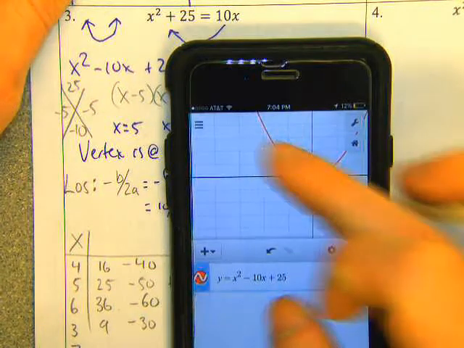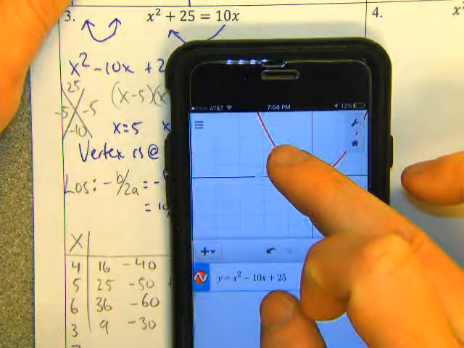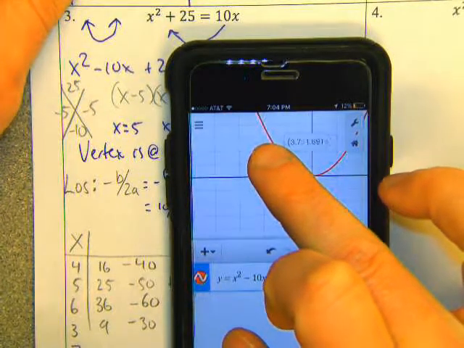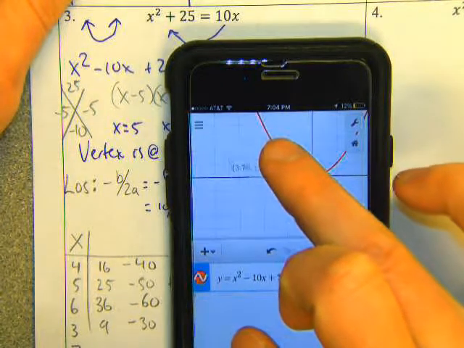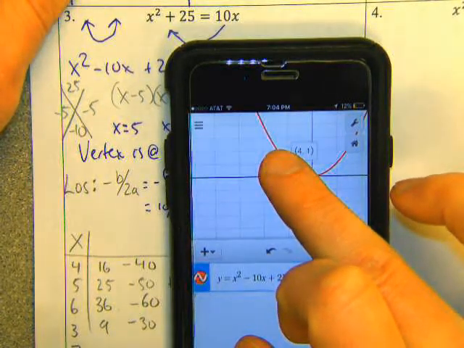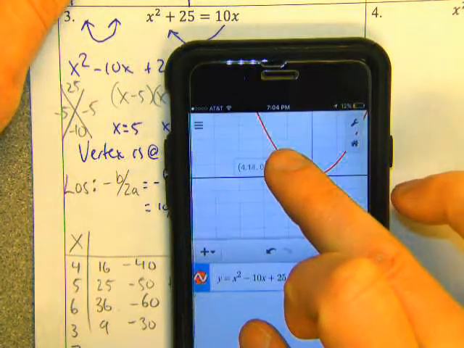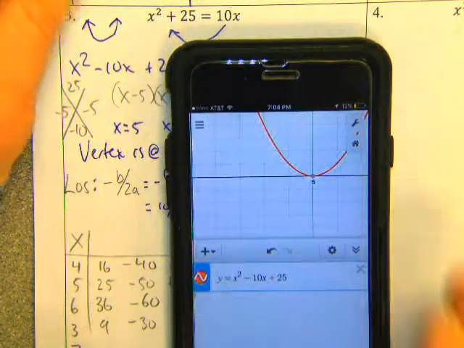You can actually hold it and trace it. If you get down, kind of sticky, but you can get it sometimes. Oh, I had it. But anyway, it gets close. You guys probably know how to do it better than me, but it gives you the same points you get here.